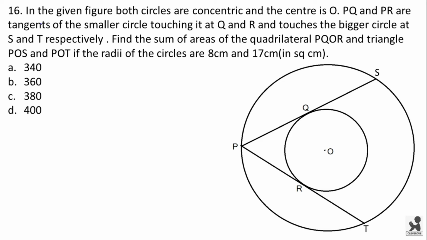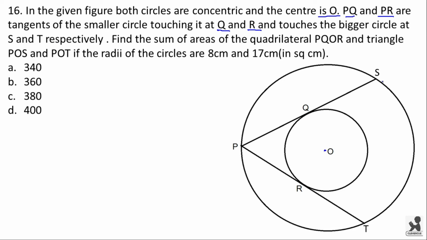Next question. In the given figure, both circles are concentric and the center is O. Here O is the center of both circles. Now PQ and PR are tangents of the smaller circle touching it at Q and R and touching the bigger circle at S and T respectively.